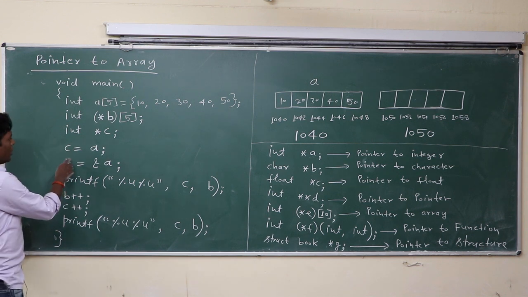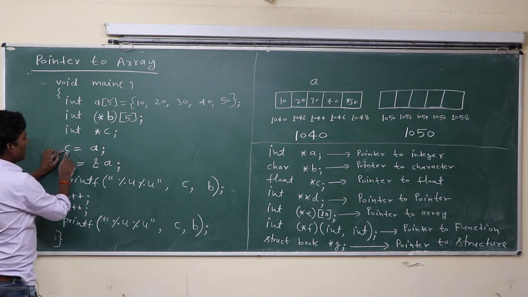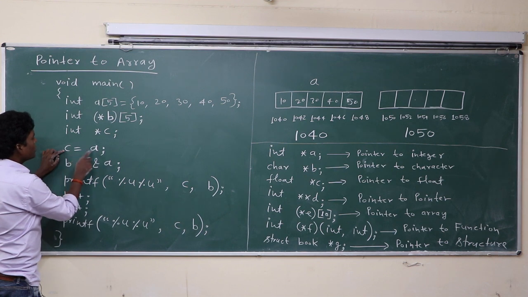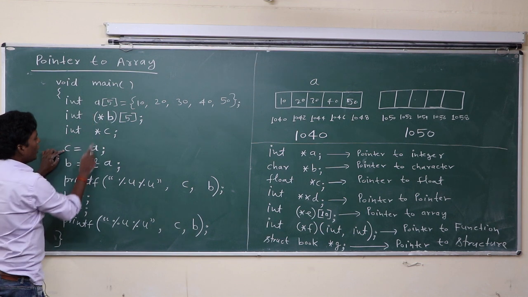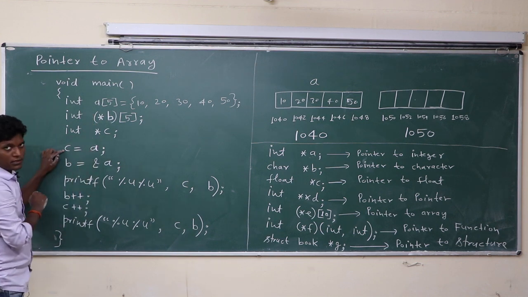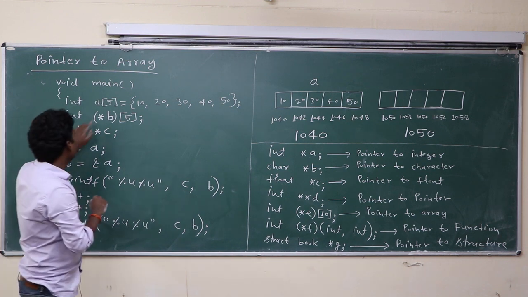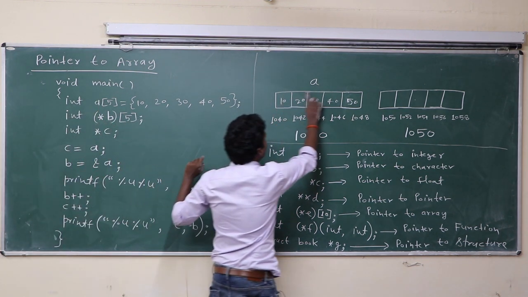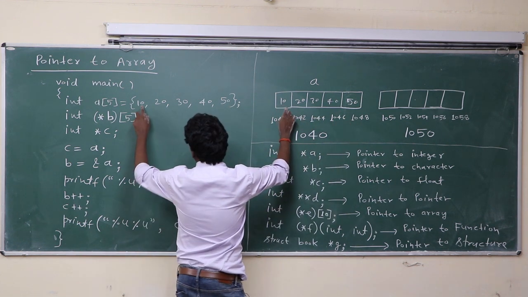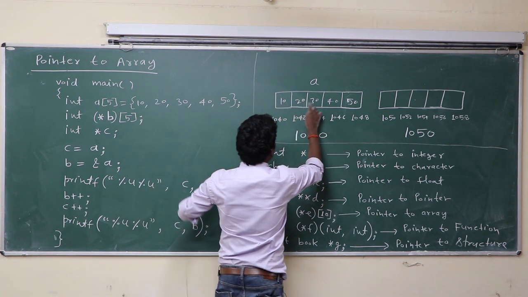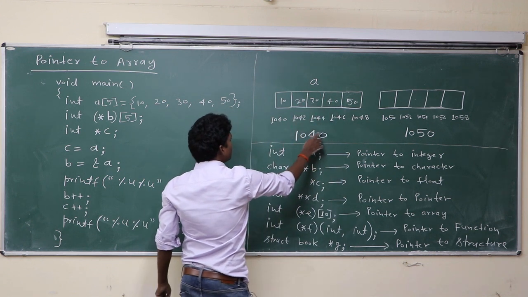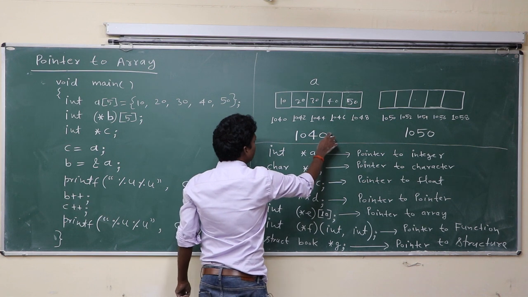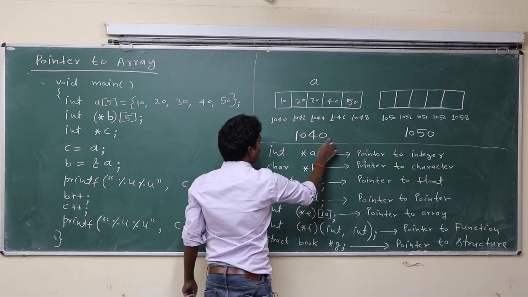Okay, now C is a pointer, and say C equal to A, and A is the name of the array. When you supply the name of the array, it gives the base address. Okay class, here A is an array in which the values are 10, 20, 30, 40, 50, and this is the array name A. And class, this has an overall address 1040.